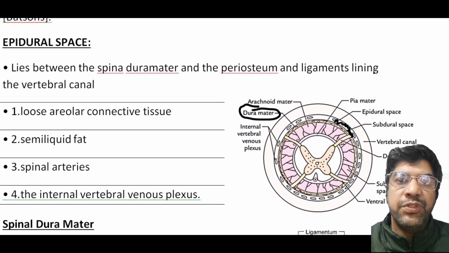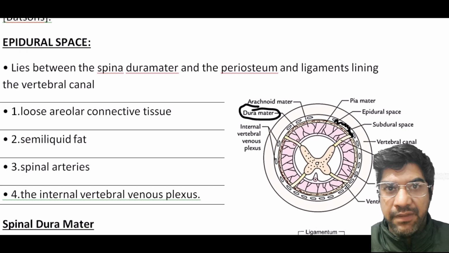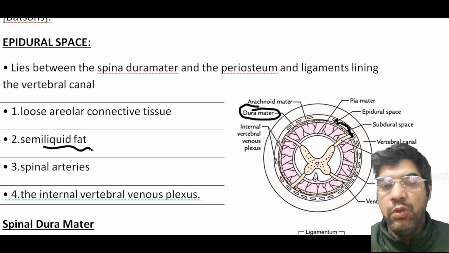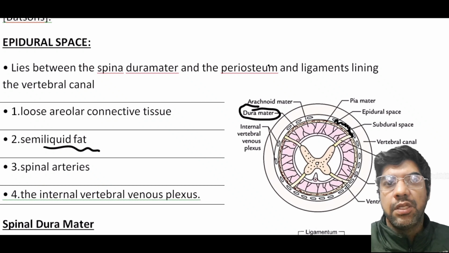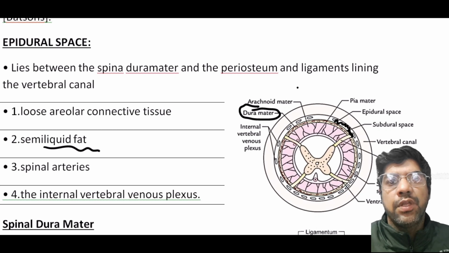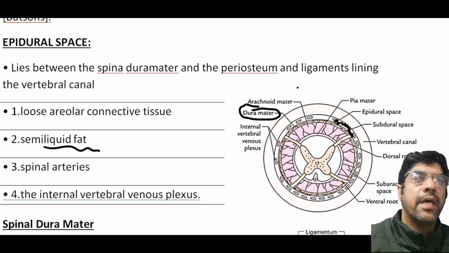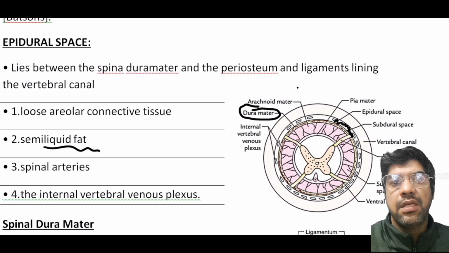It lies outside the dura mater, and it is filled with fat, loose areolar connective tissue, and blood vessels. These act as a protective cushion for the spinal cord and its surrounding structures. The loose areolar tissue provides a cushioning effect and supports the structures within the space.